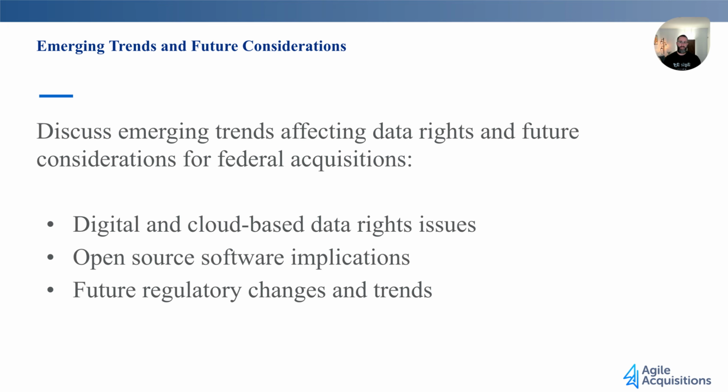With regards to emerging trends affecting future data rights, cloud is not necessarily new anymore, but we are getting used to it. And cloud generally means that information is going to be in whatever cloud service you're using. It's going to be all in, I don't want to say one location because the cloud isn't in one location, but within one service.